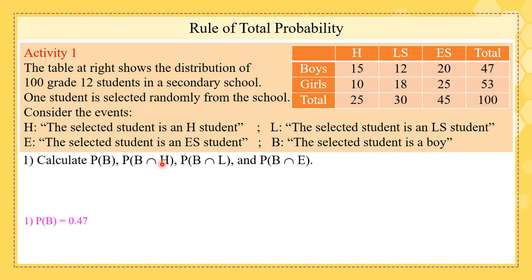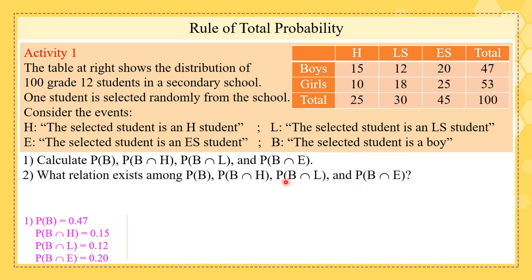Now, P of B intersection H is the probability of selecting a boy and a student in the humanities section. So it will be this number, which is 15 over the total, which is 100. And then P of B intersection L will be 12 over 100. And similarly for B intersection E, which is 20 over 100.